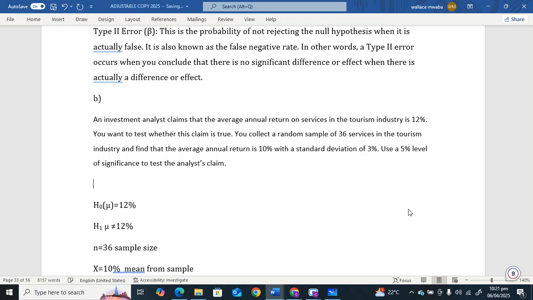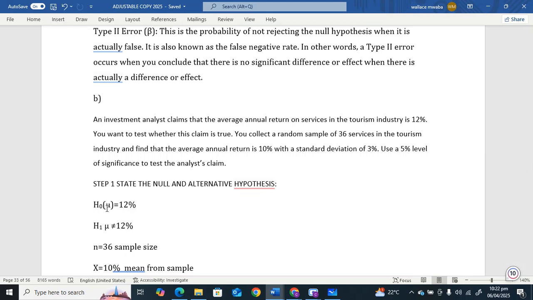Step one, state the null and alternative hypothesis. The null hypothesis, which is written as H0, is basically what is believed. It's the norm, what everyone generally accepts.